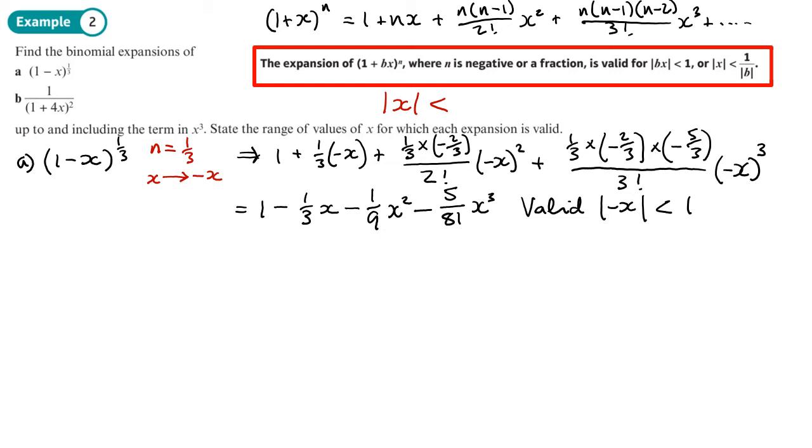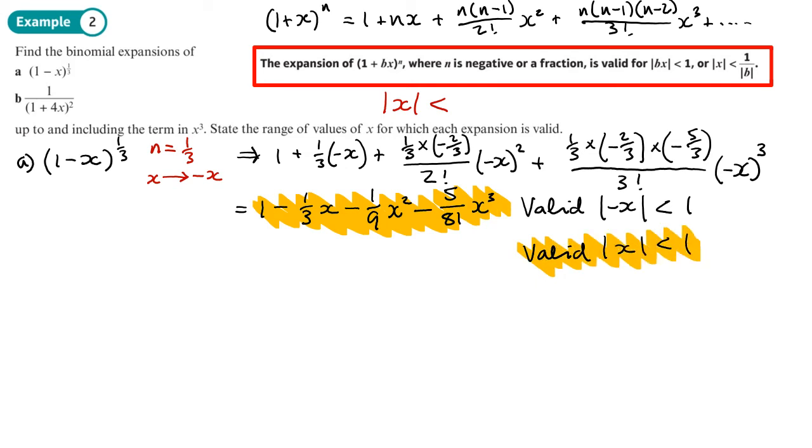Don't leave negative x here, or 2x or 4x or whatever, or half x. Change it so it's x. Now because modulus makes everything positive, we can just change negative x to x because it's going to give us the same answer. So this basically is what it's valid for. So here's what the expansion is, and this is what it's valid for.